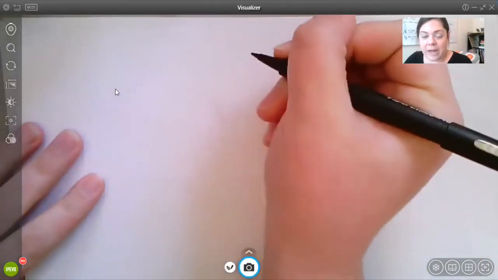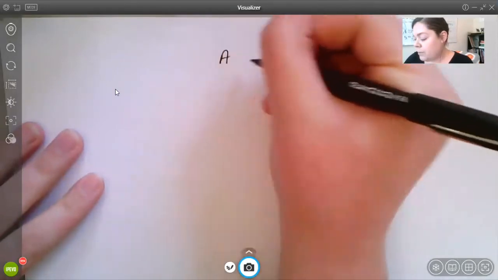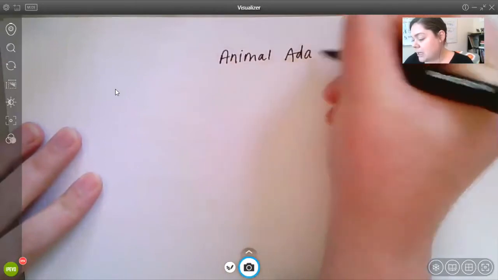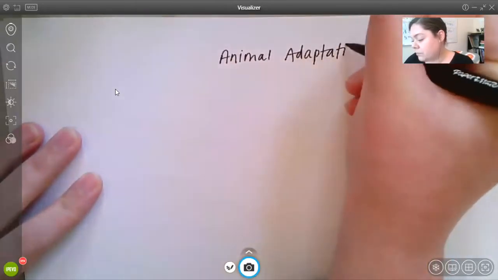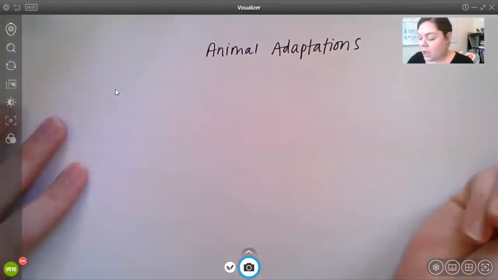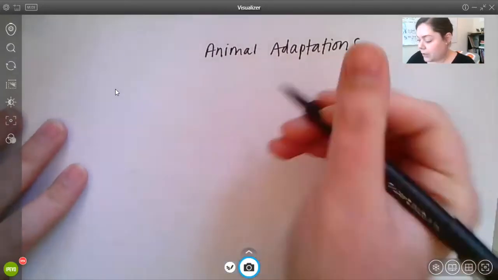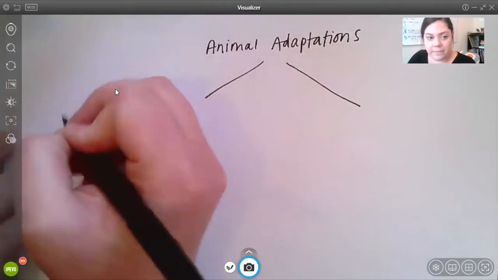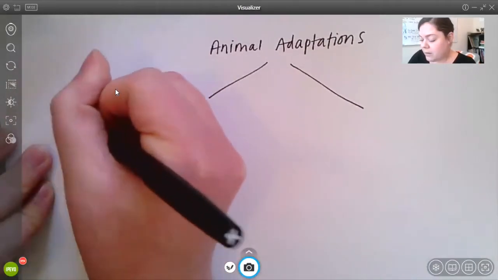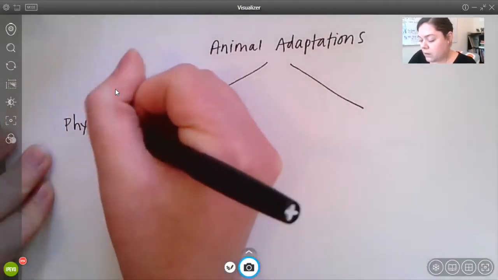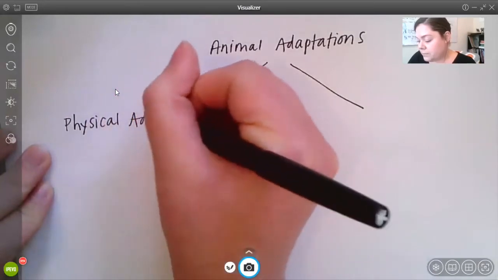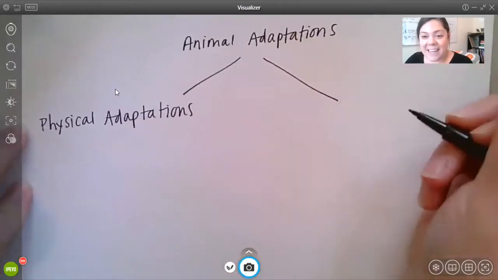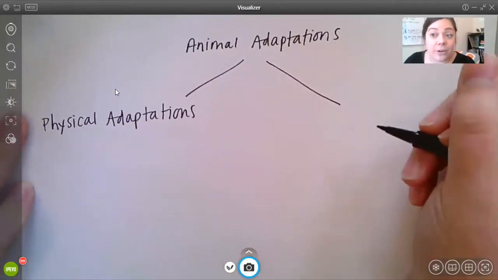So if we are creating a flowchart and we put animal adaptations at the top, we're going to split that into 2 different categories that we're going to learn about today. Our first category is going to be physical adaptations. Our second category is going to be behavioral adaptations.